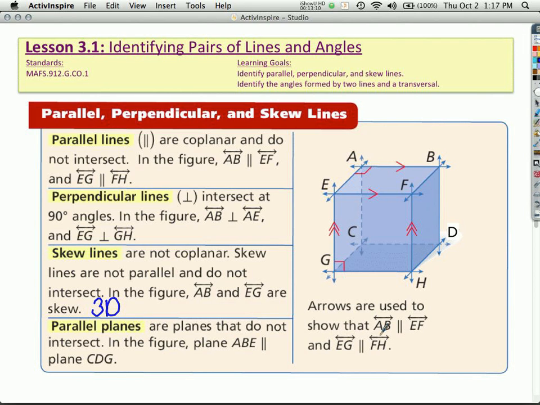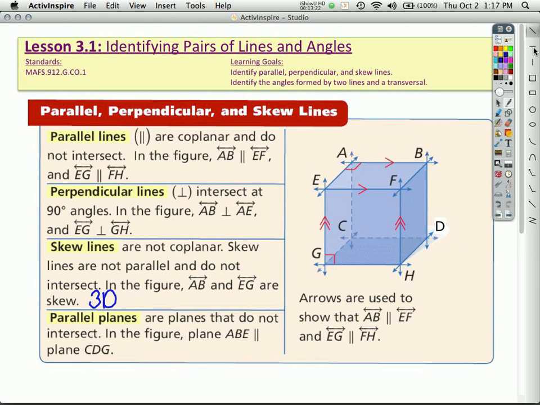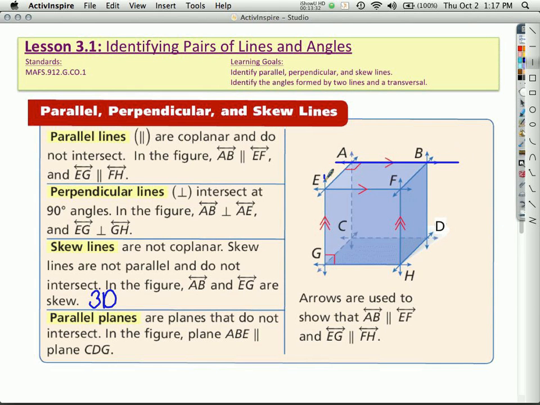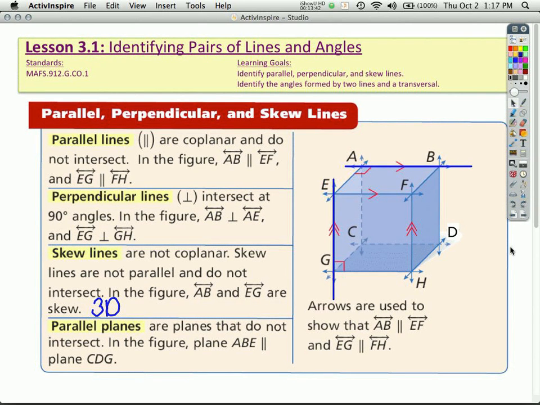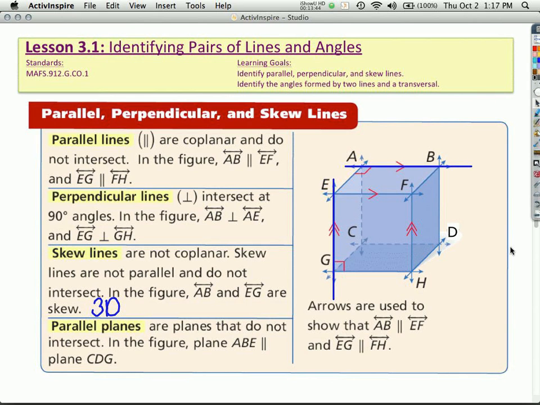So let me show you an example of skew lines. We're told that line AB and EG are skew. So line AB here and line EG here are skew. They will never touch, but not because they're parallel. They will never touch because they're not coplanar.